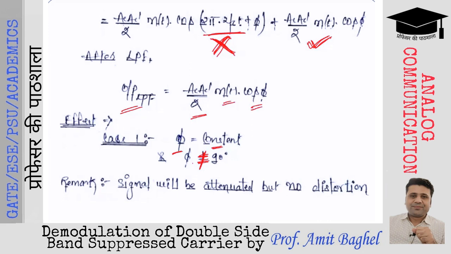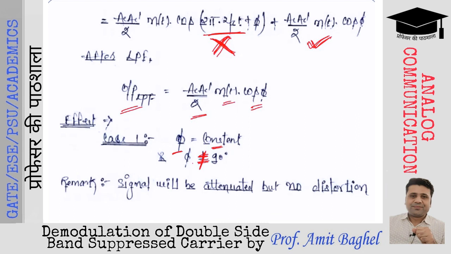Hence, there will be attenuation in the output of the message signal, but the message signal will retain its shape. It will not distort. Hence, no distortion will take place. So you can easily extract the message signal back at the receiver side in case 1 where phi is a constant value. The output of the low pass filter is Ac dash by 2 m(t) cos of phi.